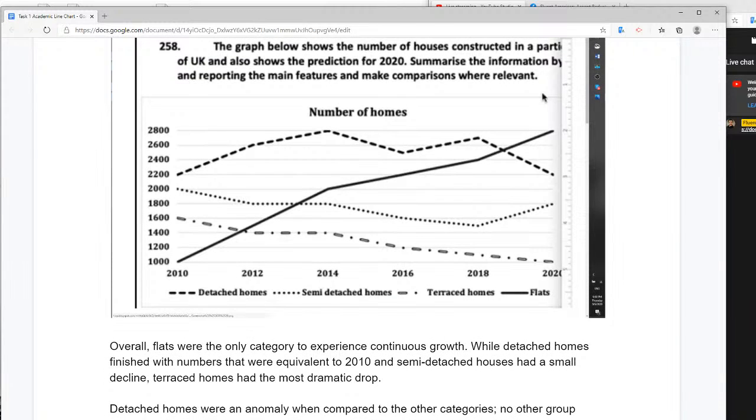So we got through 2 of our categories. Last 2, terraced homes and flats. Terraced homes. It's like, statistically, terraced homes fared the worst.